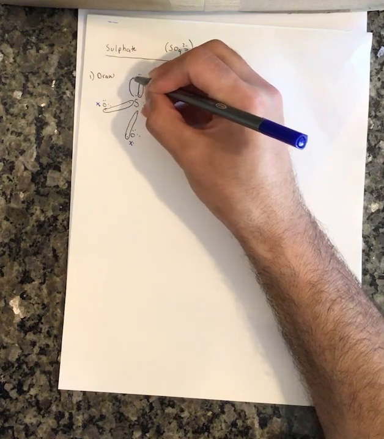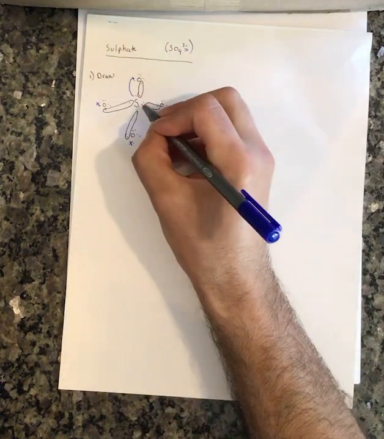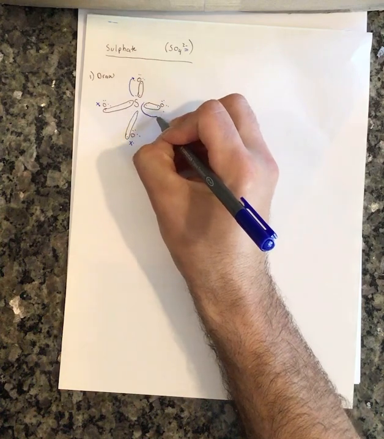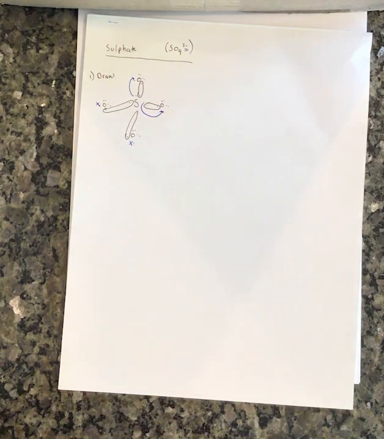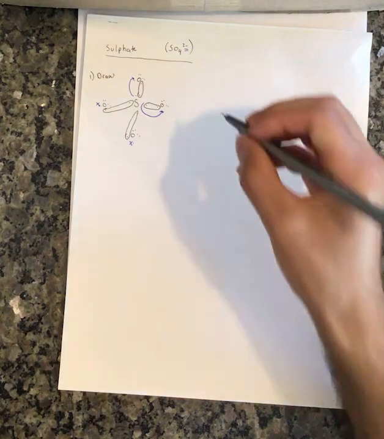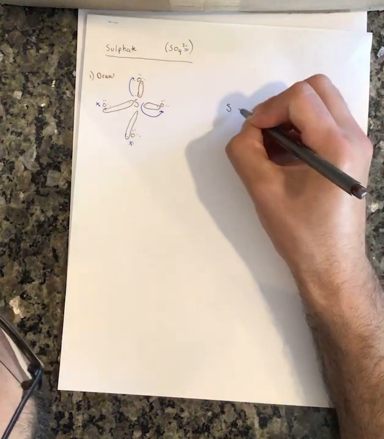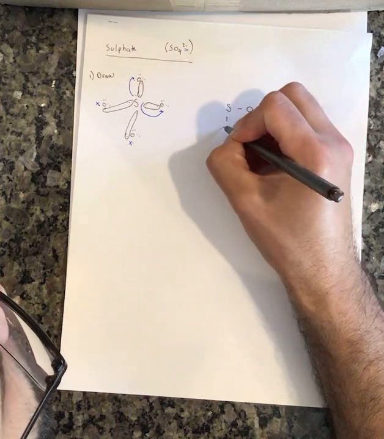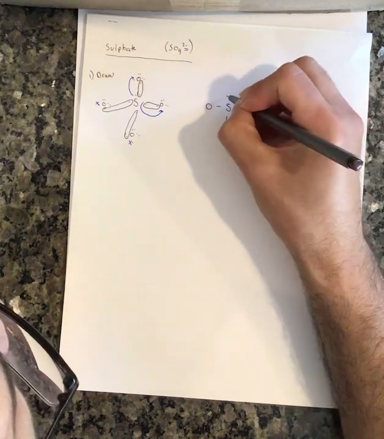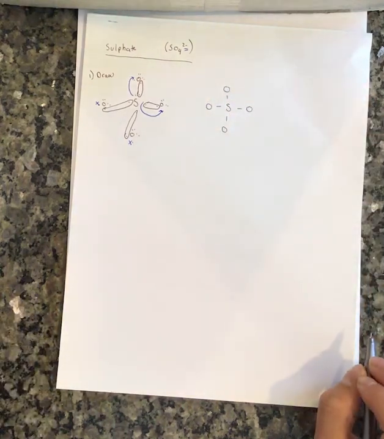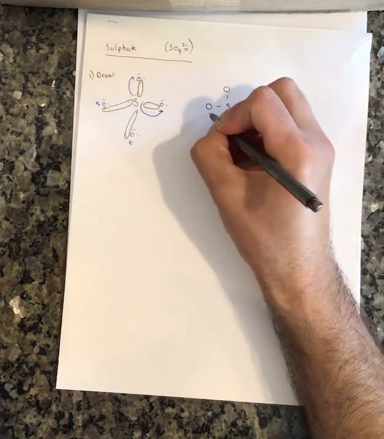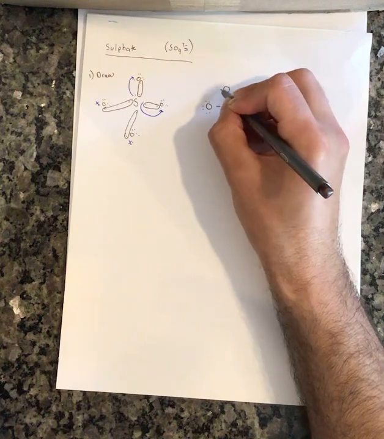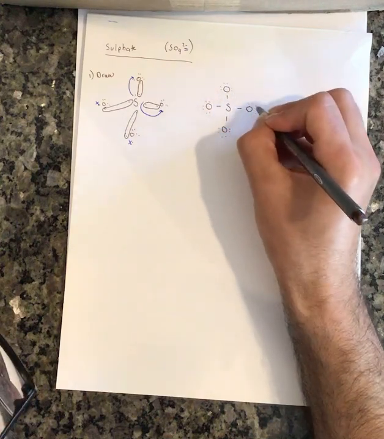So I'm going to take this electron and move it here, and take this electron and move it there. What I have now is this compound: sulfur to 1 oxygen, a 2nd oxygen, a 3rd oxygen, a 4th oxygen. Each of these oxygens has 1, 2, 3, 4, 5, 6, all the way around each one.